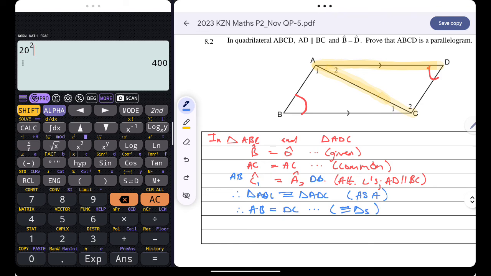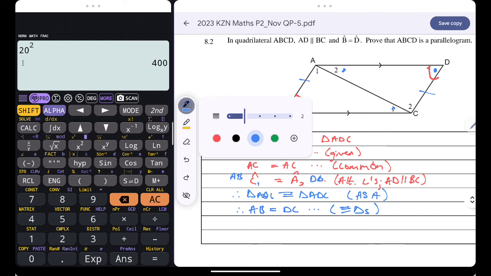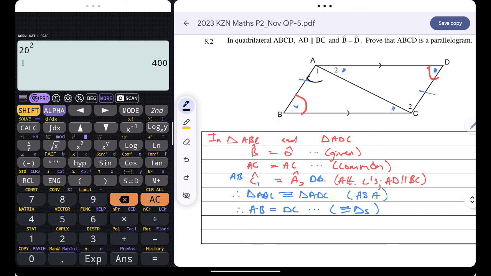Alright, together. So now I've shown that this is equal to this. Alright, together. These two angles are equal, these two are equal. That means also the third ones have to be equal.